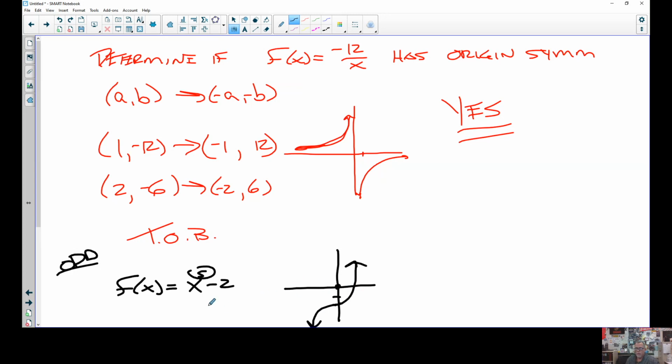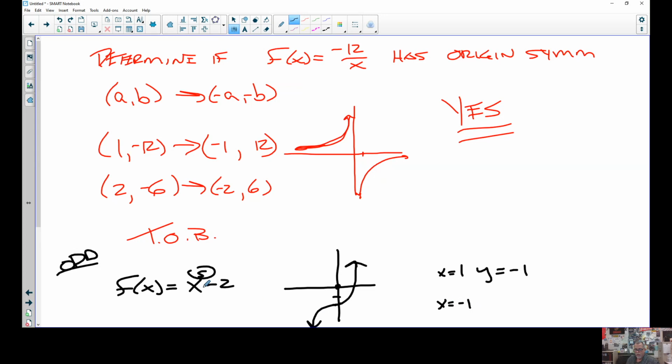And you can test points on it too. If you were to take something simple like plug in x equal to, oh, I don't really need that parenthesis. If I said x equals 1, then y would equal -1, right? Because 1 to the 5th is 1, and minus 2 would be -1. Now, if it were to hold, I should be able to take the opposite. X equals -1.